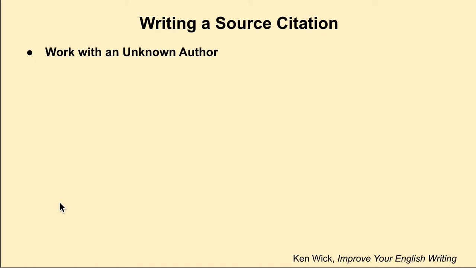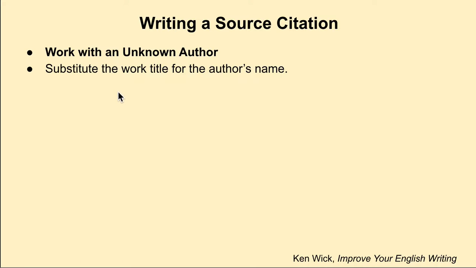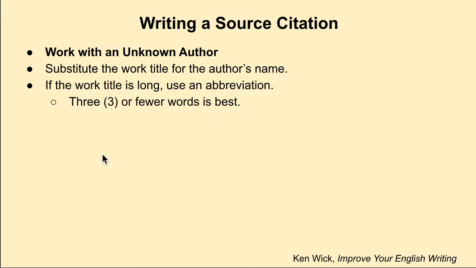What about a work with an unknown author? Well, what you do is you substitute the work title for the author's name. If the work title is long, and I'm going to say that's probably 4 or more words, use an abbreviation. You want to use 3 or fewer words when you do an abbreviation.